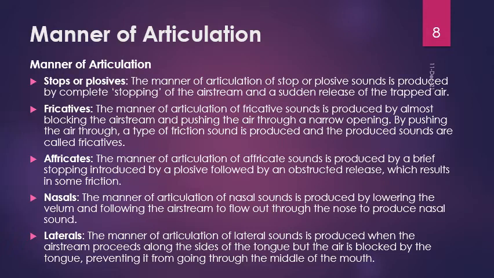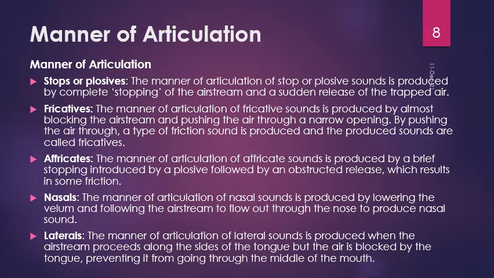As we have seen in the table, you can refer back to the table. The stops or plosives is a manner of articulation where sound is produced by a complete stopping of the air stream and a sudden release of the trapped air.